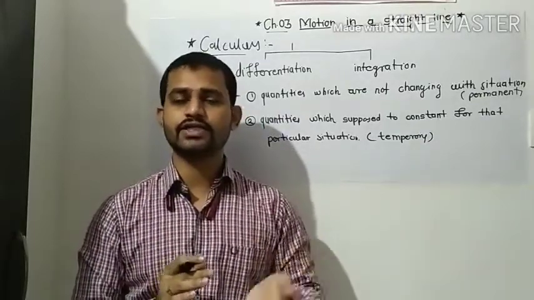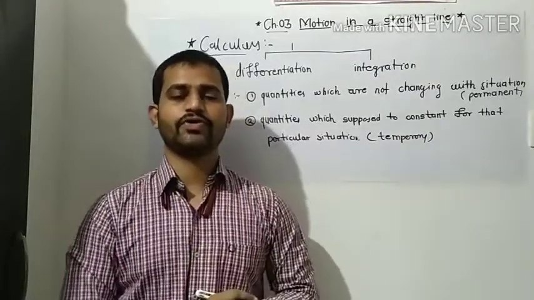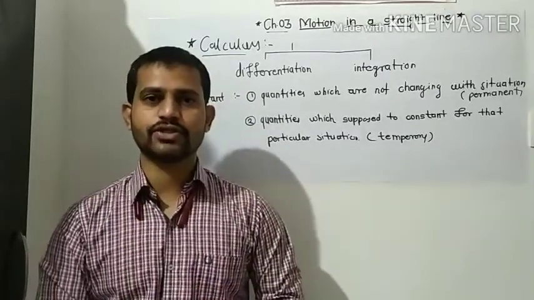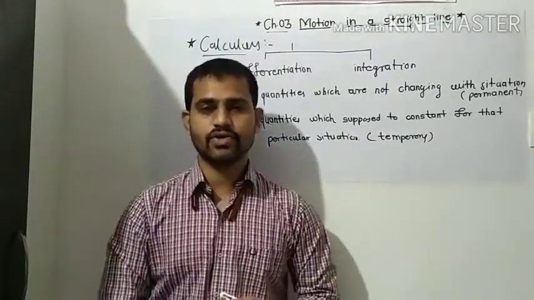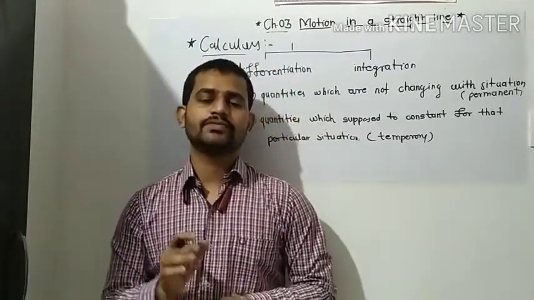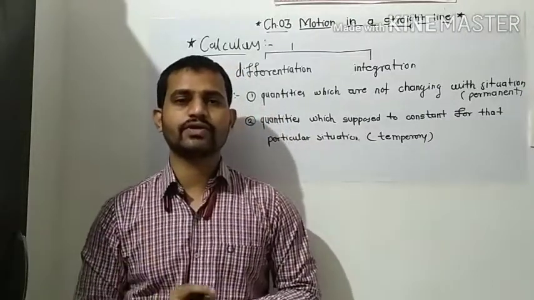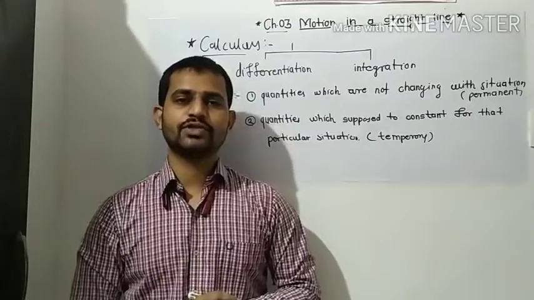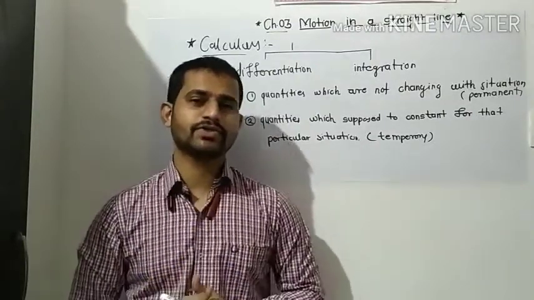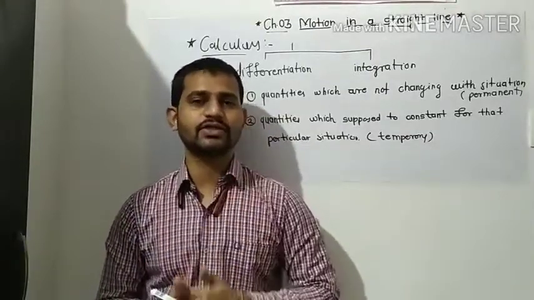In the first example, when the vehicle is traveling with the uniform speed of 20 km per hour, the mass of the vehicle is also constant. But in the second case, when the truck is traveling for 1 hour, and during that hour there is leakage of soil by 50 gram per second, there is a change in the mass of the truck, because there is leakage of the soil.